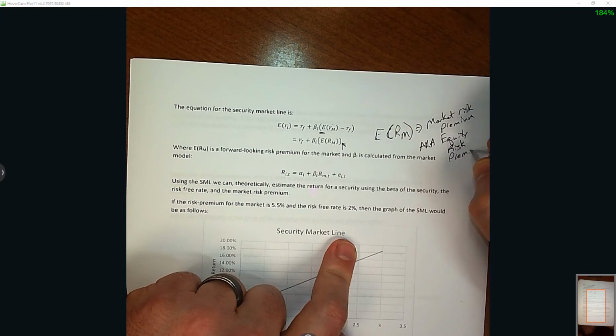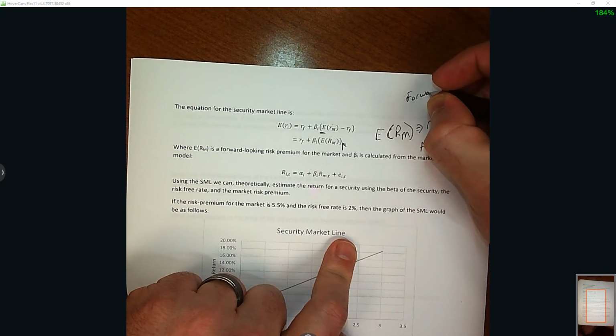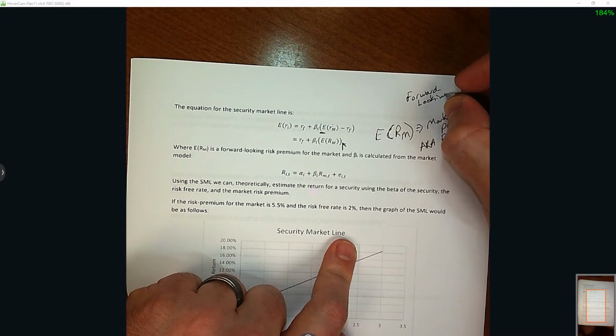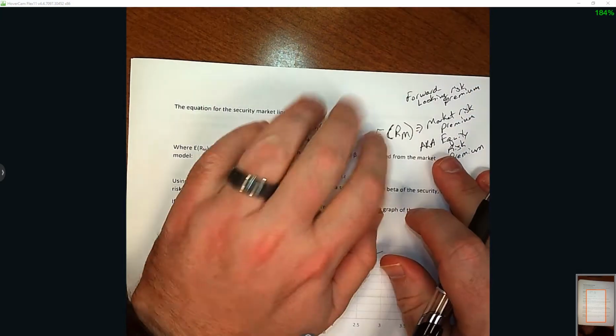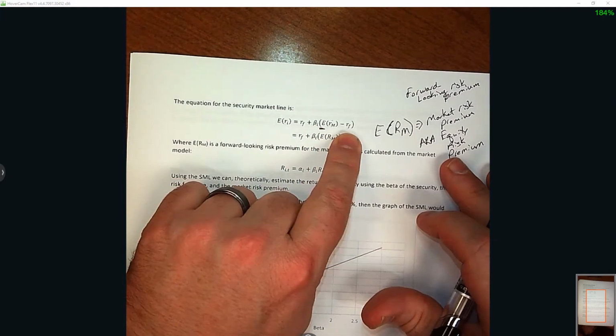And these are forward-looking risk premiums. So what they measure is the additional return the average investor requires to invest in the stock with average market risk. So it's the return in excess of the risk-free rate. So the expected return on the market minus the risk-free rate.